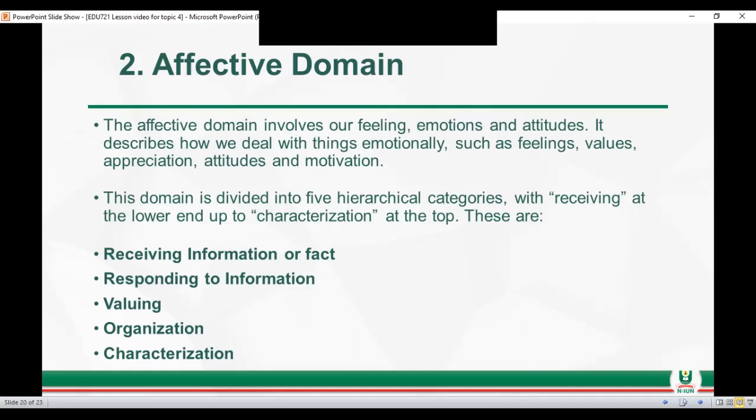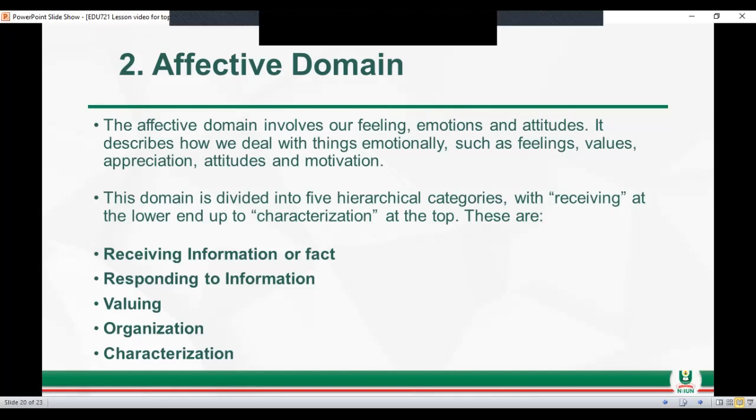This domain is about physical skills. It deals with physical movement and coordination of an individual. So it has to do with doing. Examples are cycling, dancing, running, jumping. These are different types of psychomotor skills that the teacher can impart to students.